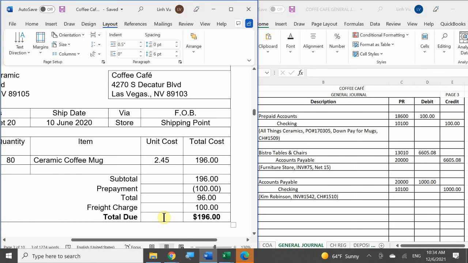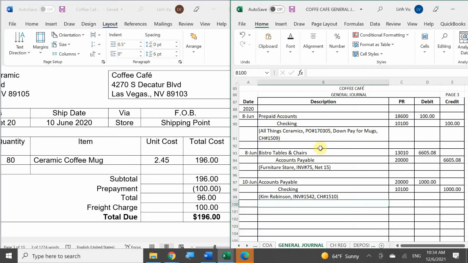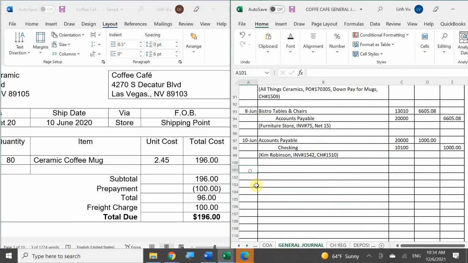So in this case, a lot is going on. Let's figure out how we journalize this in the first place, because this is periodic inventory. How do we journalize periodic inventory? Okay, but how do we journalize it?